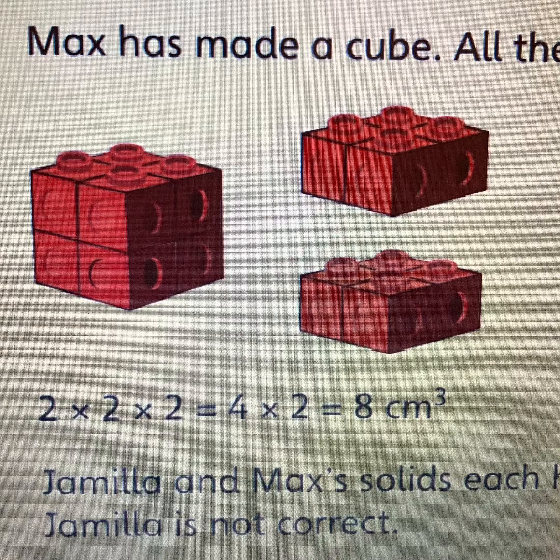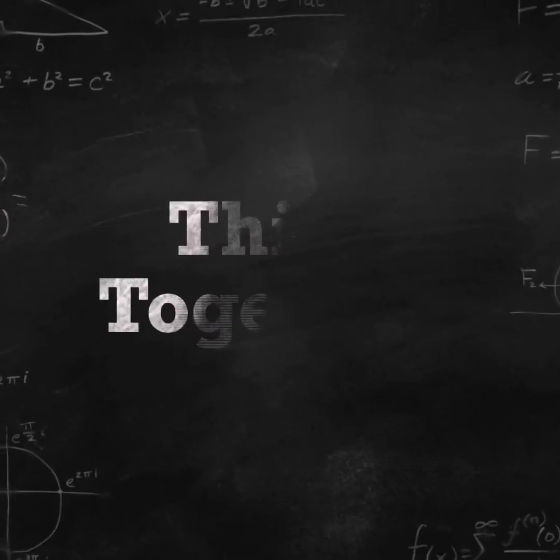So the same answer, 2 different ways of getting there, okay? But it doesn't matter which one. So although their shapes were very different, they both had a volume of 8 centimetres cubed. So actually, Jamila wasn't correct. Although the shapes were different, they did have the same volume. Well done.